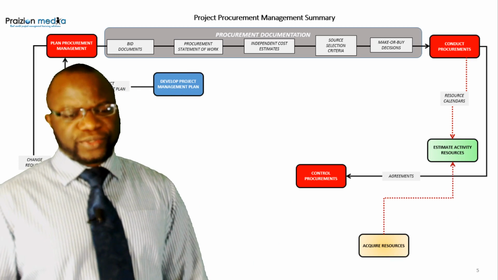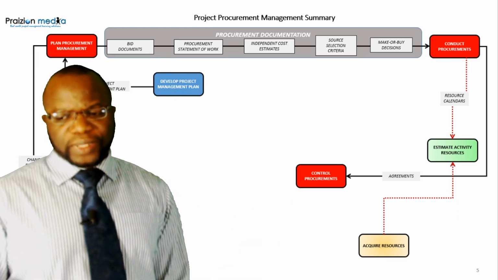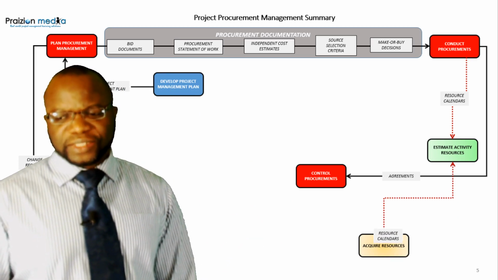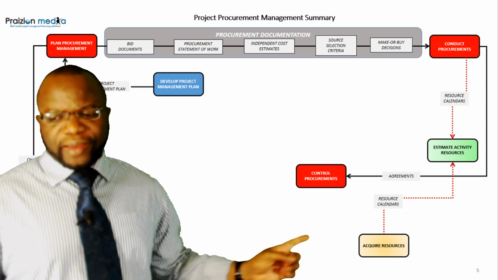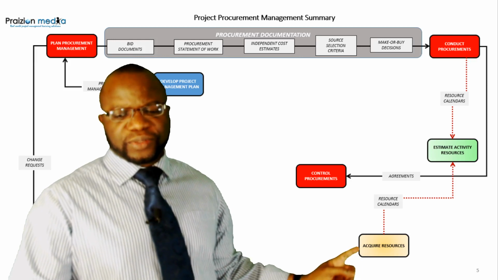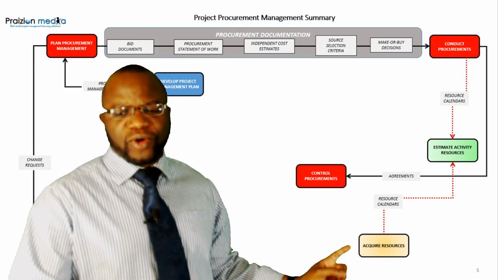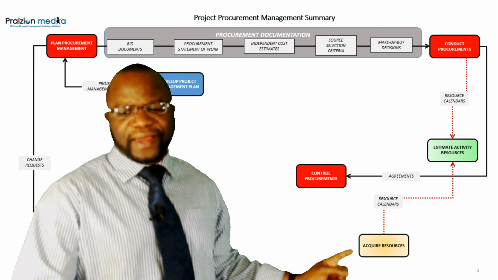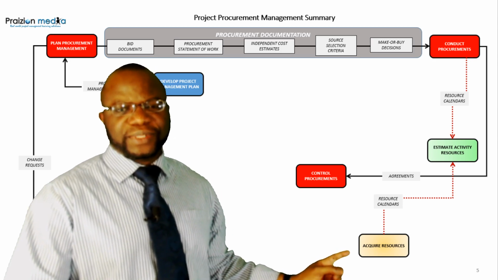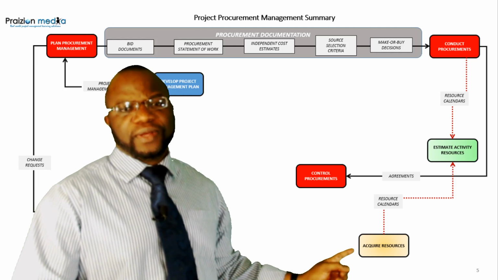We have acquire resources leading back into estimate activity resources with resource calendars as well. To paraphrase the question, it was: why are resource calendars coming in here and at the same time coming out of here? So this underscores it again.